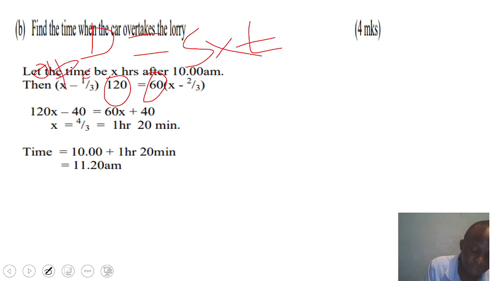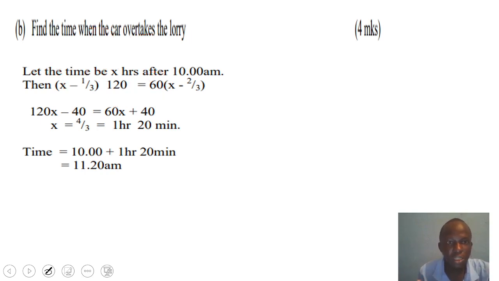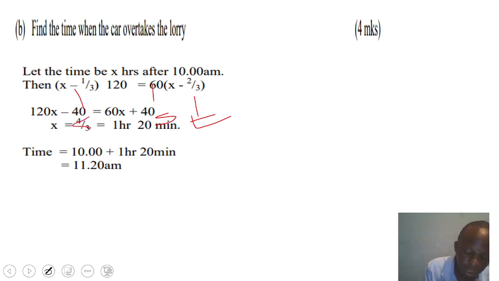The distance apart must be equal because it is relating the two. This is speed and this is time, and all of them are distances, so they must be equal. The first distance equals the second distance, and that is how that particular equation is formulated.